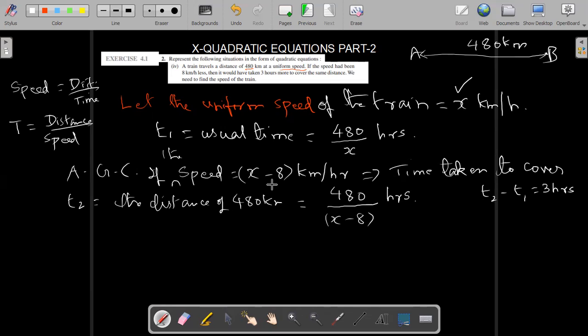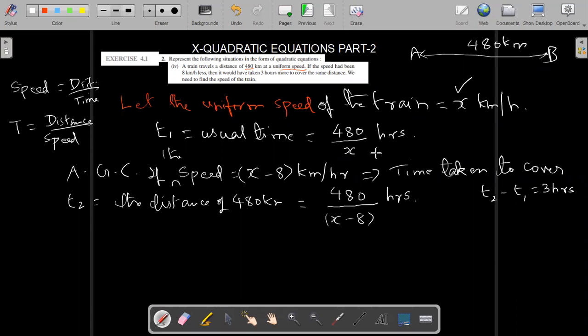You have to remember which time will be more. In some questions, you will find the speed is increased, then the time taken to cover the same distance will be less, and in that case the other time will become more.